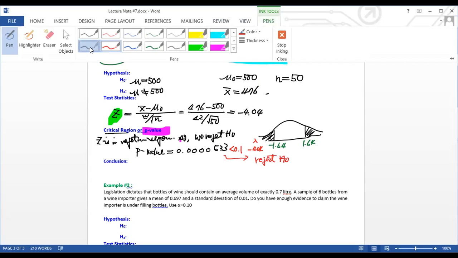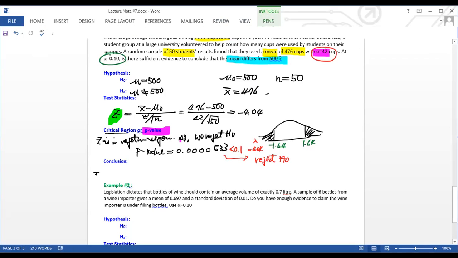So now, to reject H0, let's write down the conclusion. We said the conclusion is very important. Reject means we support the claim.